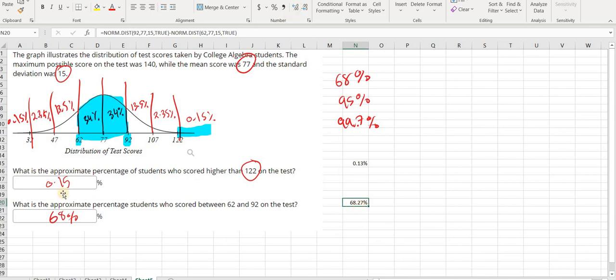As you can see, it's approximately the same calculation, but because I made it a little bit more accurate, it was 68.27. So the empirical rule works just fine to find the approximate percentage. If you want to find the exact percentage, then you're going to resort to using the normal distribution, the way we used it before.